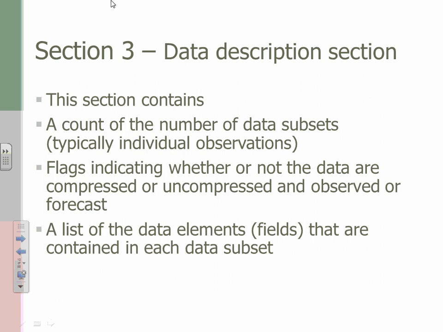And section 3 also has a flag indicating whether or not the data are compressed, and observed or forecast. So there is one octet representing compressed or uncompressed, and observed or forecast information. It's a little bit complicated, but you know. And then the list of the data elements that are contained in each data subset.